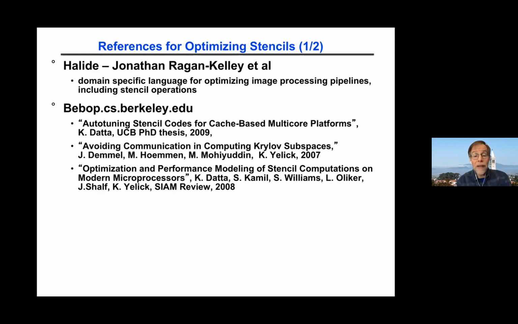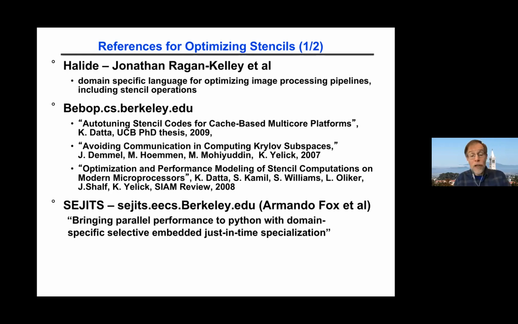Here are some of the papers that our group developed over time to take stencil operations and make them run as fast as possible. Again, mapping them as well as possible to the memory hierarchies, using all of the SIMD instructions and so forth, and also doing those optimizations I told you about on the previous slides to avoid communication. SEJITS is another project that was done at Berkeley by our colleague Armando Fox et al.